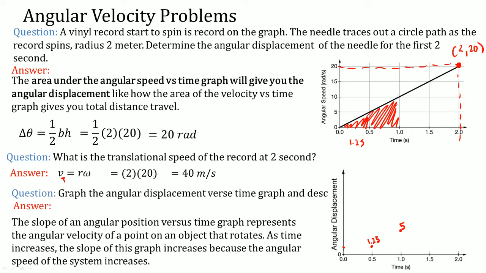Then for 1.5, we find that area. That was around right here, 11.25. Then the last one, we did that. That was equivalent to 20 rads. So that is right here. And we saw that this is going to go up exponentially.